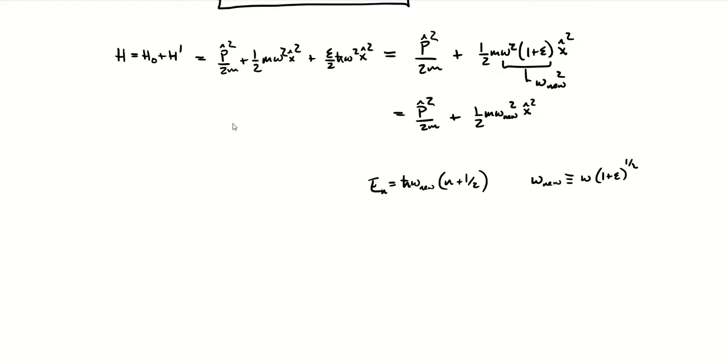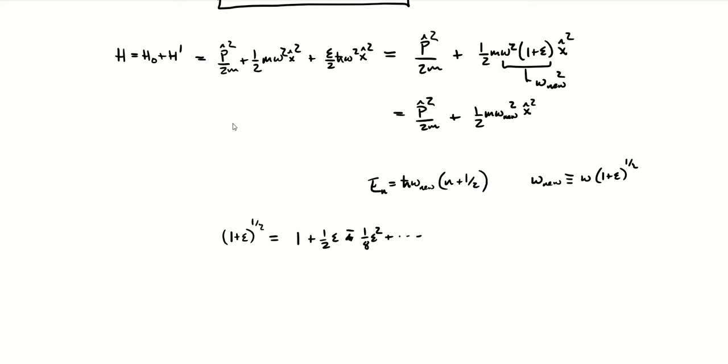If we take this epsilon to be small, we know that we can expand that 1 plus epsilon to the 1/2, which is equal to 1 plus 1/2 epsilon, minus 1/8 epsilon squared, plus dot dot dot.